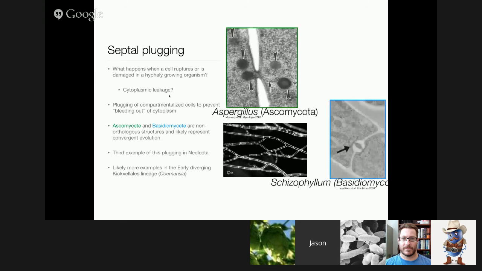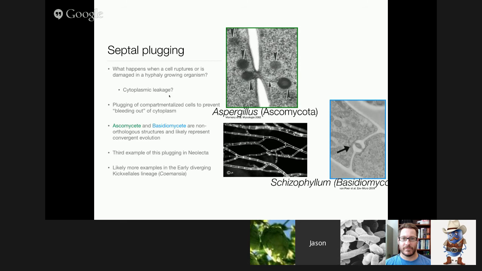Organisms have developed what we call septal plugs, or Woronin bodies in different groups, which are basically septal pore plugging proteins. It's like in a submarine where you have different hatches: you want to close a hatch if there's a rupture, so that at least not everything leaks out.